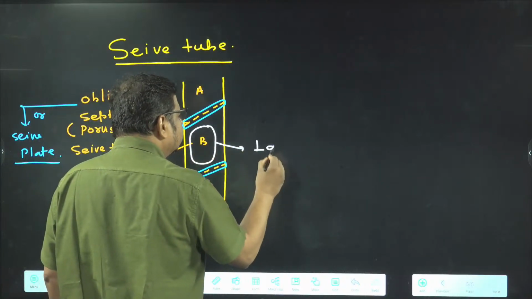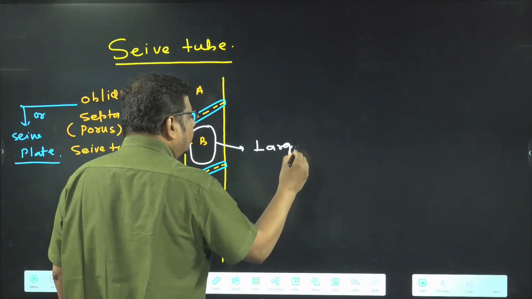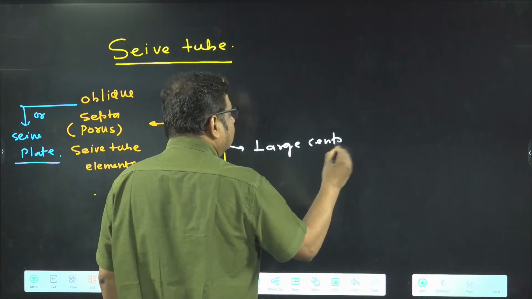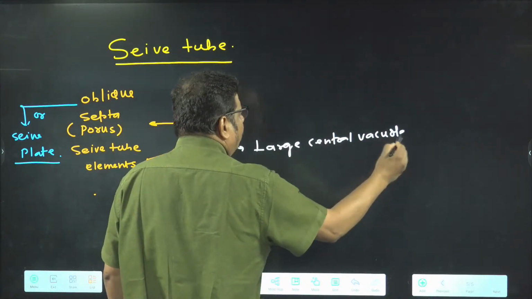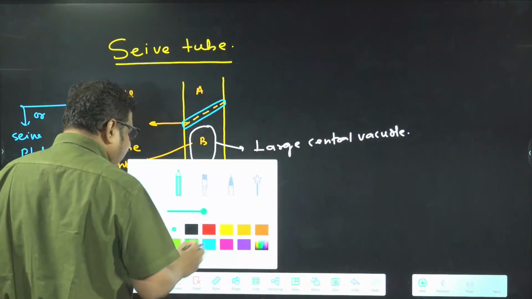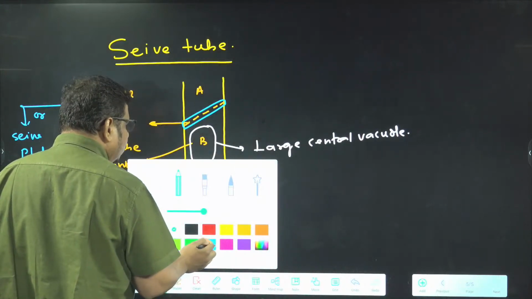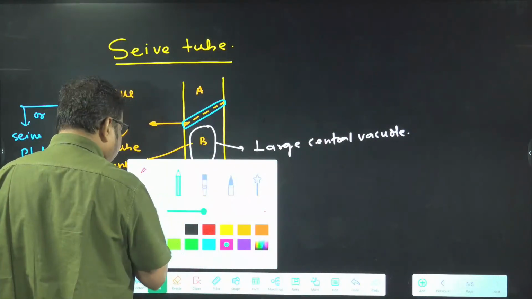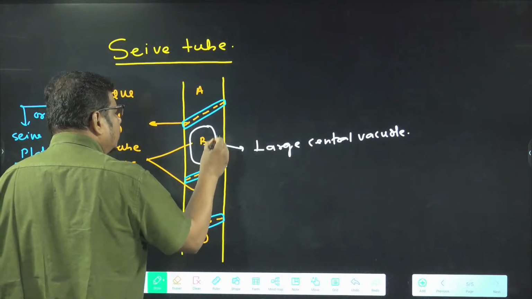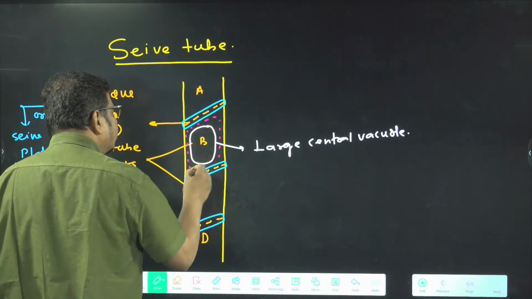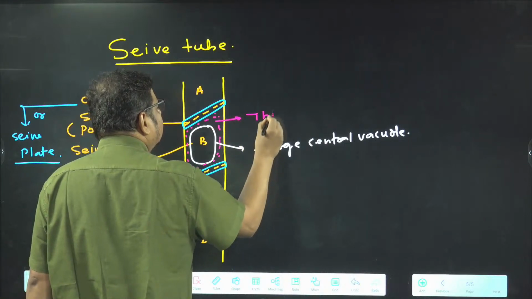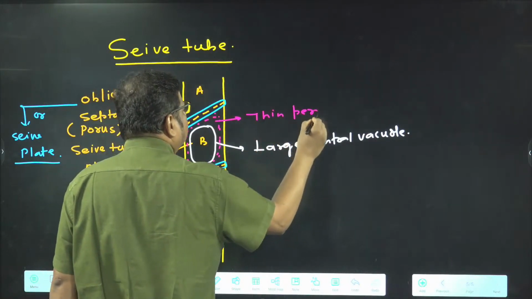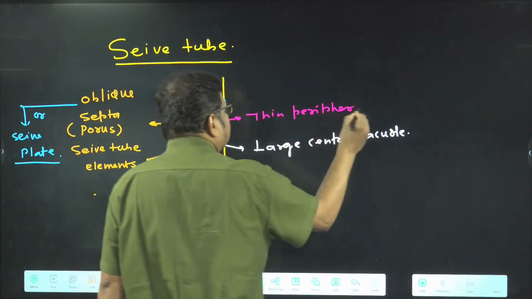The vacuole occupies most of the space. So where is the cytoplasm present? In the periphery. So you will find thin peripheral cytoplasm.